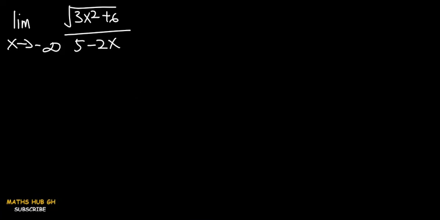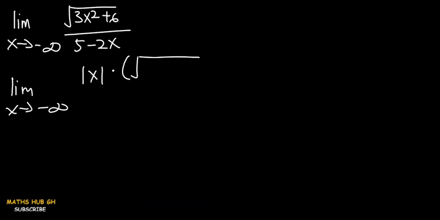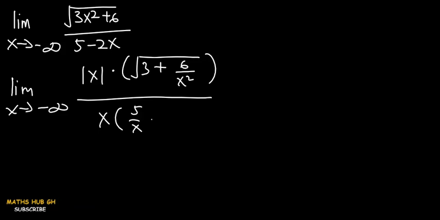You know that we have to factor x out from both the numerator and the denominator, and that is going to give us the limit as x approaches minus infinity for the absolute value of x multiplying the square root of 3 plus 6 over x squared, divided by x, bracket open, 5 over x minus 2. This is what you are going to have.